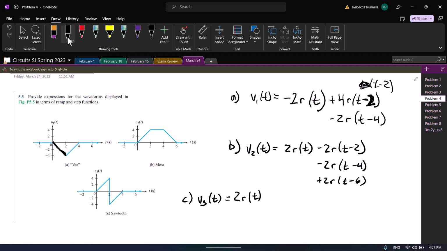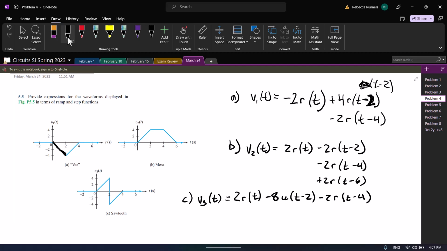Minus 8 u of t minus 2, because it's happening at 2. Yep. But we didn't change the slope at all, so we don't have to do anything with that until we get to 4. And then at 4, we need to subtract out that slope, because it has a positive slope of plus 2. So it'll be minus 2r of t minus 4.